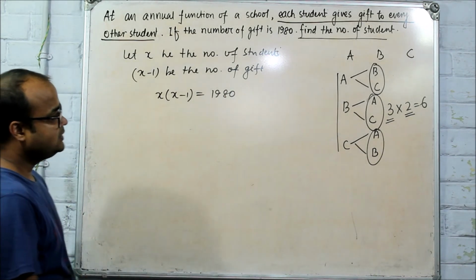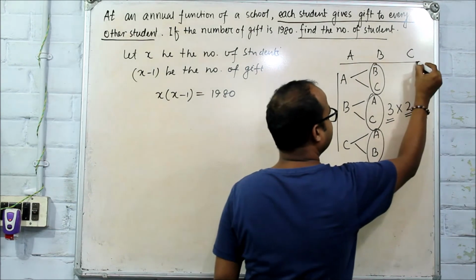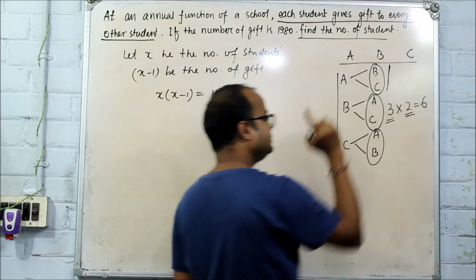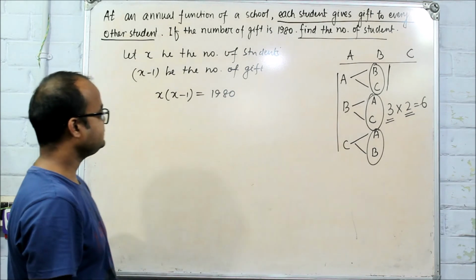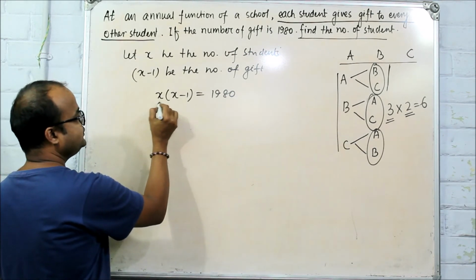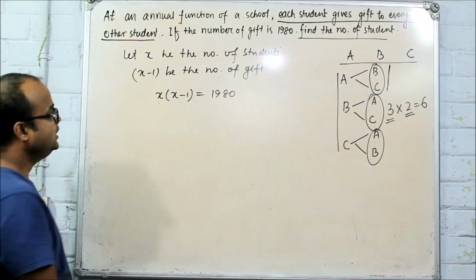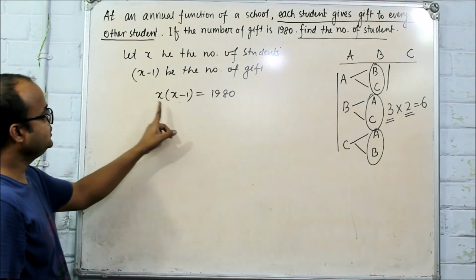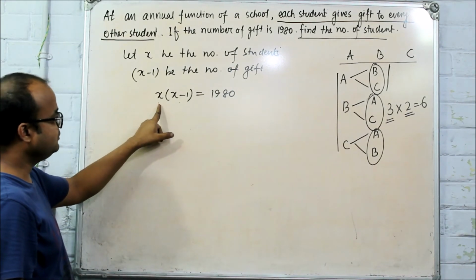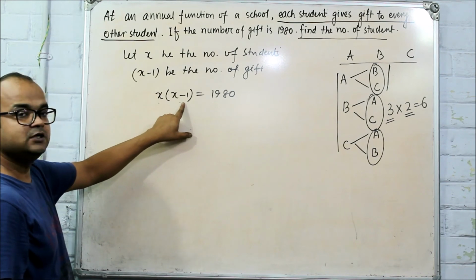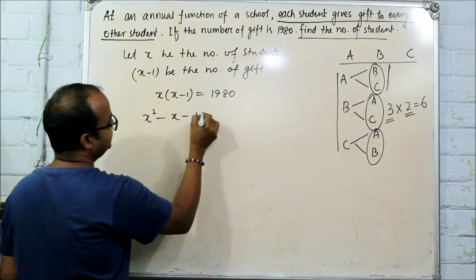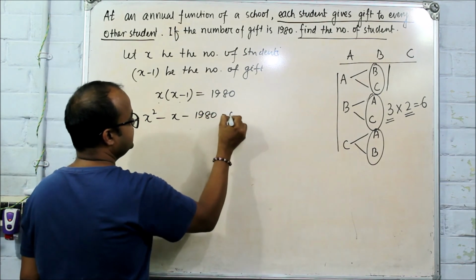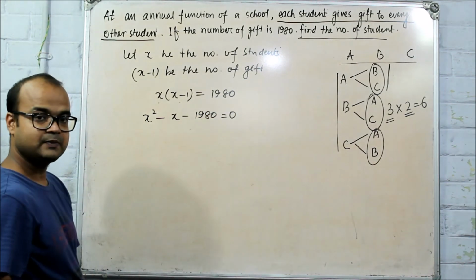Understood? If there are 3 students, each will bring one less than the total number of students. So x is the number of students, each student brings x minus 1 gifts. So the total number of gifts is the number of students multiplied by the number of gifts. So x square minus x minus 1980 is equal to 0.